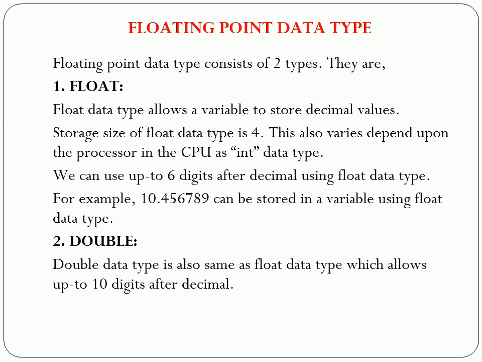If you need more than 6 digits after the decimal point, then you have to declare the same variable using the data type called double. So the double data type is the same as the float data type, but allows up to 10 digits after the decimal point. So this is the difference between declaring a variable as float and as double.